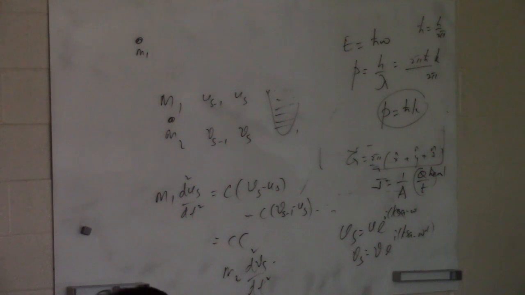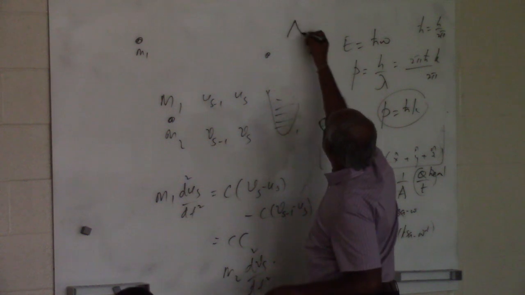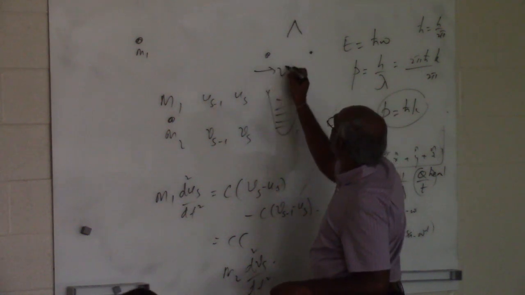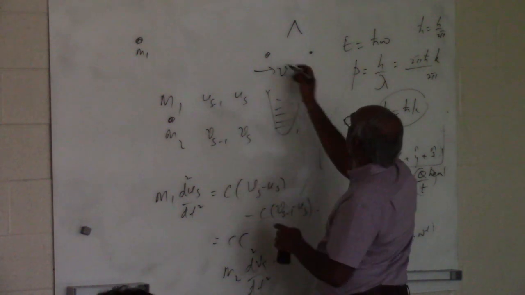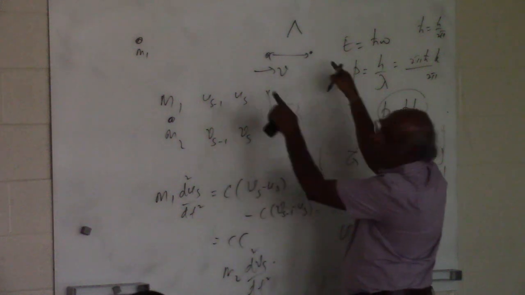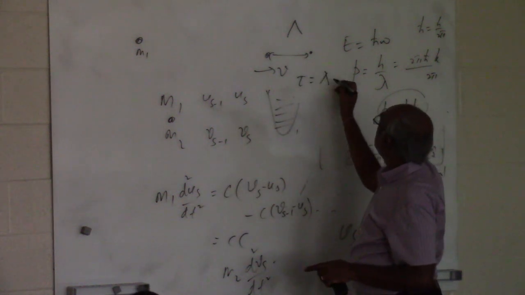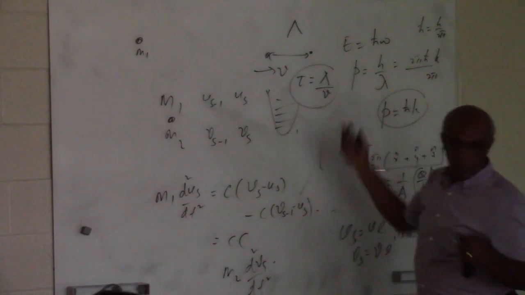Gamma is the distance between two scattering centers. If the phonon is moving at velocity v, then the time between two scattering events is gamma over v, basically distance over velocity.